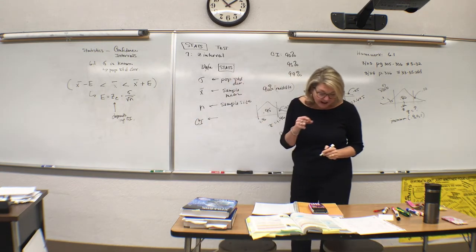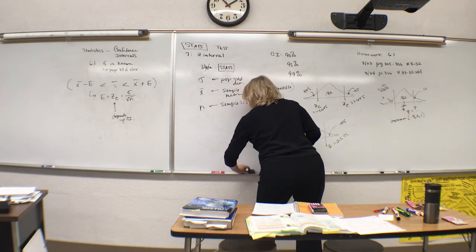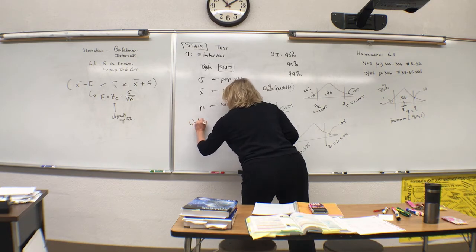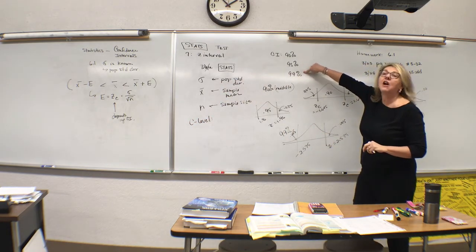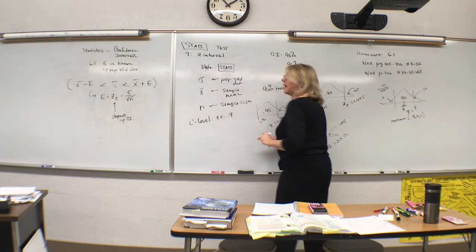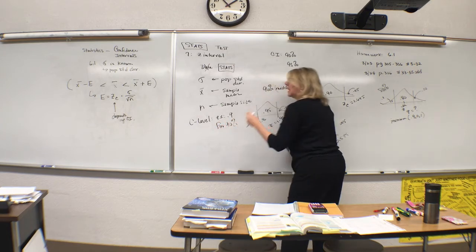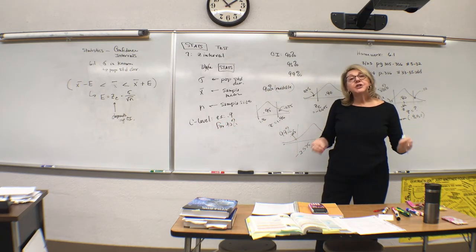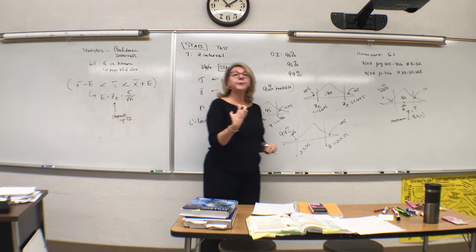The CI is the C-level, I guess is what they're going to say in most versions of the calculator at this point. The C-level is going to relate to the level of confidence. For example, 0.9 for 90%. And that's it. When you enter that, it's going to actually calculate the margin of error for you.